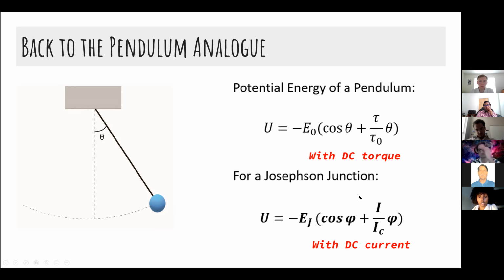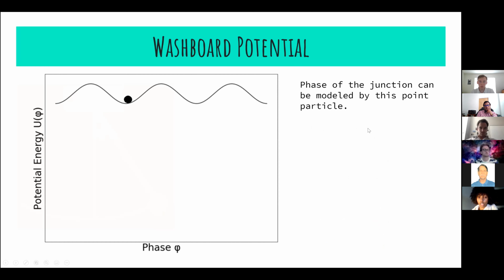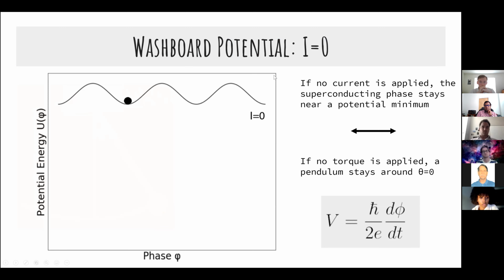Similarly, when you pass a current through your junction, or in our case, our circuit, you get this expression added. When you plot your potential energy versus your phase, you get what's called a washboard potential. The phase of our junction can be modeled by this point particle on the washboard, and its movement along this curve can help us understand different behaviors of it.